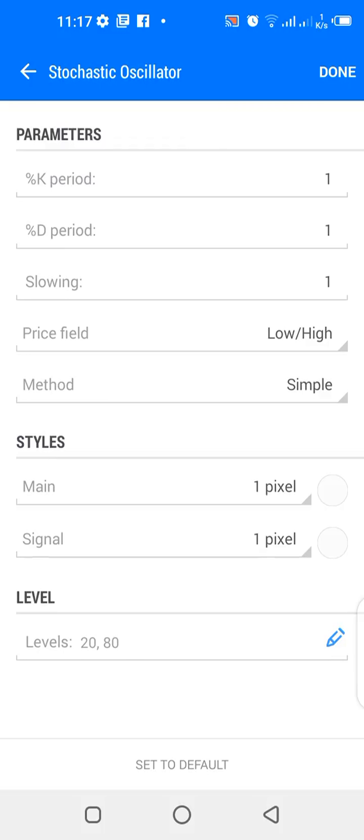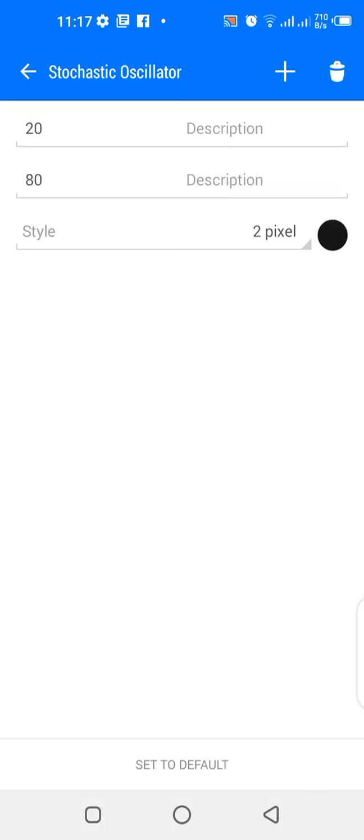Price field is low over high. The method is simple. The main and the signal color is 0. The color of the main and the signal style will match the background color of your chart. Now the levels for the stochastic oscillator are 20 and 80. Color is black.